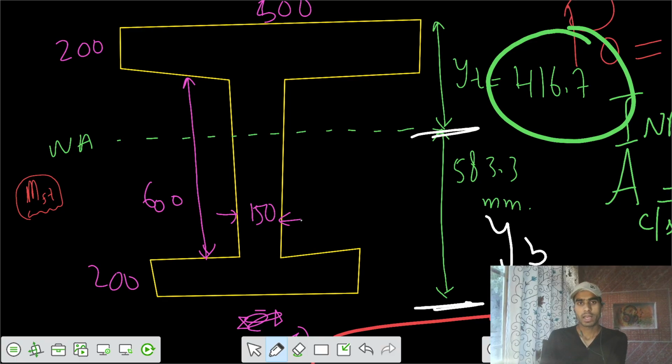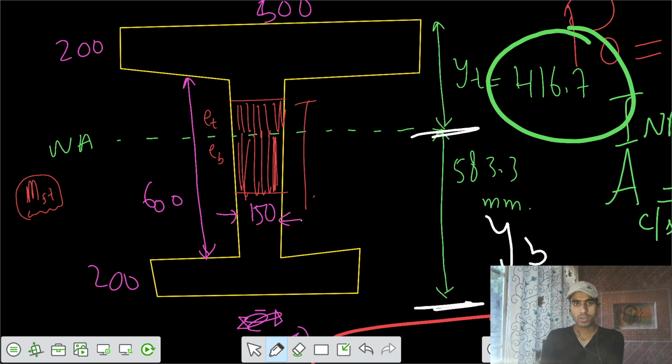From the calculations, e_top and e_bottom were calculated. e_top was 182.2, and from the bottom side we had 255.1, such that the kern distance is the sum of those two, 182.2 plus 255.1.